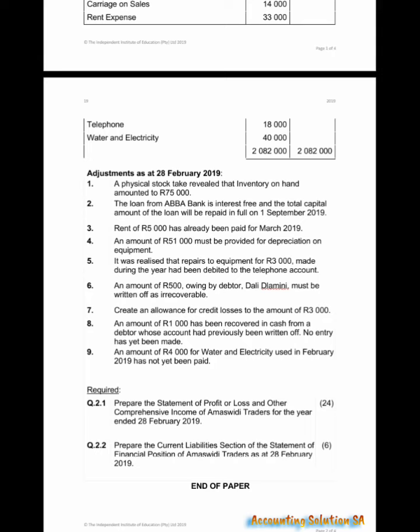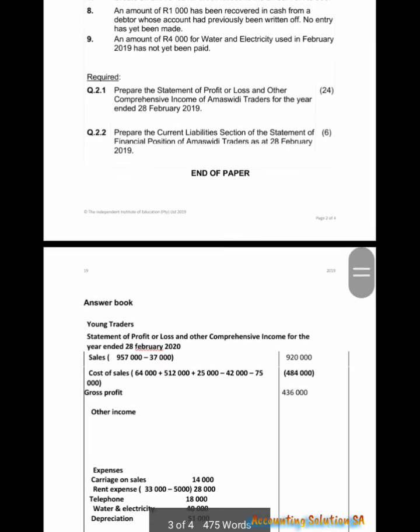They said it was realized that repair to equipment for 3,000 made during the year had been debited to telephone account. So in this case, we have to do a correction of error. Why? Because the amount of 3,000 belongs to repairs, and they're saying that it has been recorded to telephone account, which means that we have to subtract it under telephone and add it to repairs.